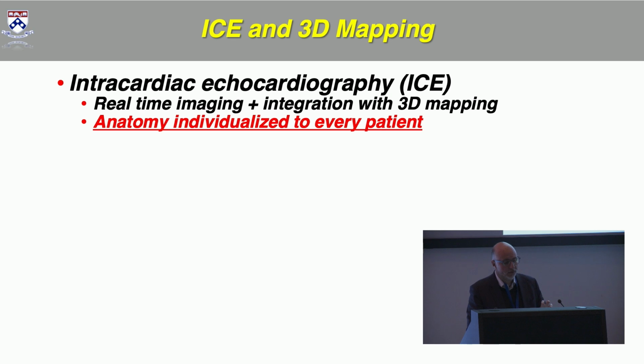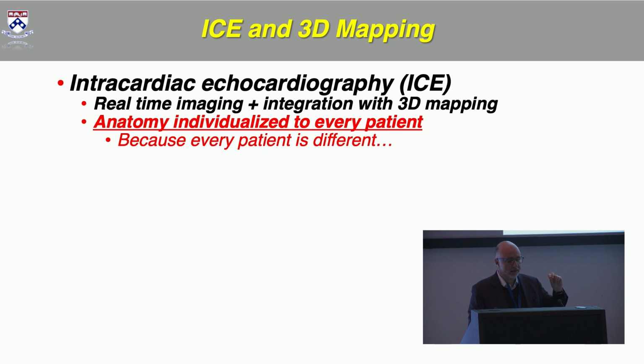What's important to me about ICE in an EP procedure is that you can see the anatomy, but every patient is different. So whenever you do these cases, you need to individualize the anatomy for that particular patient, because not everybody is the same. In your mind it's the same, but it's not. Everyone here would have different ICE images if you were to explore that.